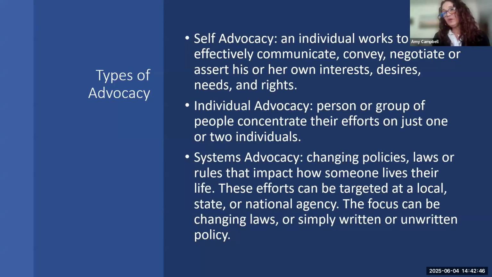Perhaps you have a relative who is disabled and they need services, and you're interacting with the city or the county or transportation company or the insurance company in trying to help them with their issues. And systems advocacy is kind of what we're talking about, which is changing policies or laws or rules and regulations that impact how somebody is living their life. That can be targeted at the local level, it can be state, it can be national, it can be changing laws, or it can just be getting a program to be implemented differently in a way that works better.